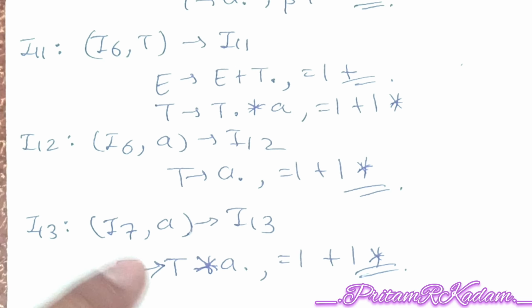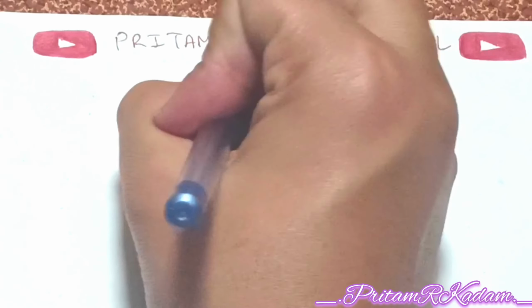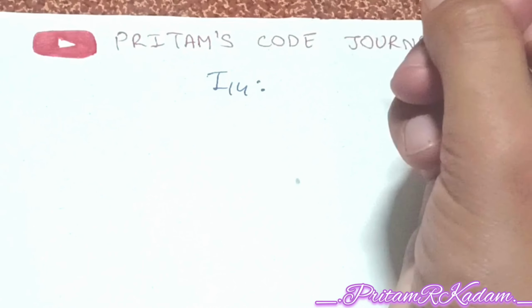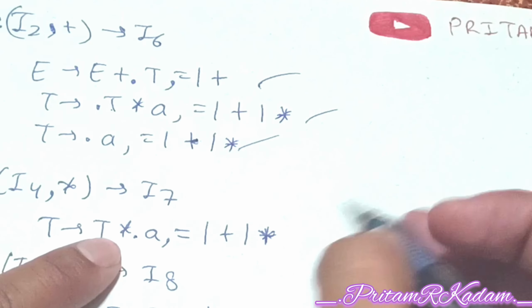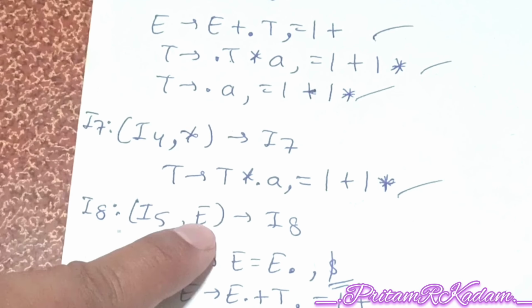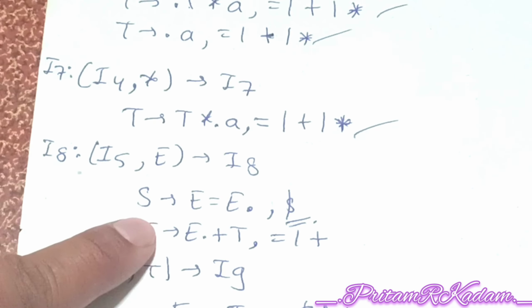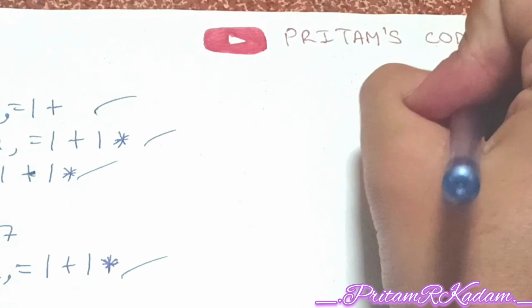Now let us go to the next state, which will be I14. So let us go to I7. We have found the state for this production. Now in I8, the first is completed but the second is remaining.